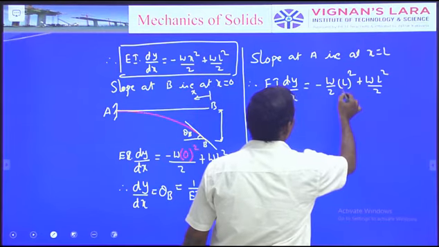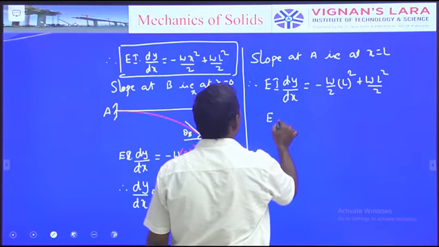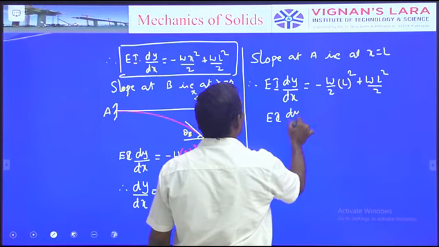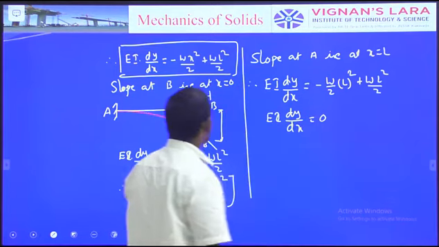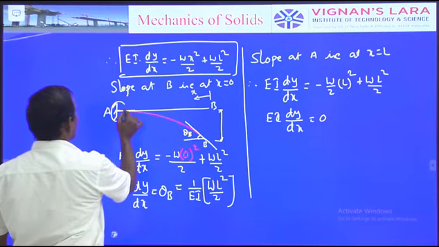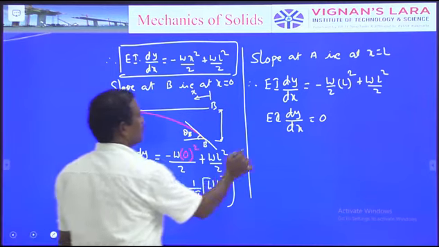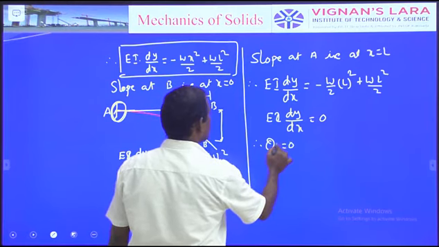This is wL²/2 minus wL²/2, so it becomes 0. EI dy/dx equals 0. It means the slope at A is 0. Therefore, theta A is equal to 0.